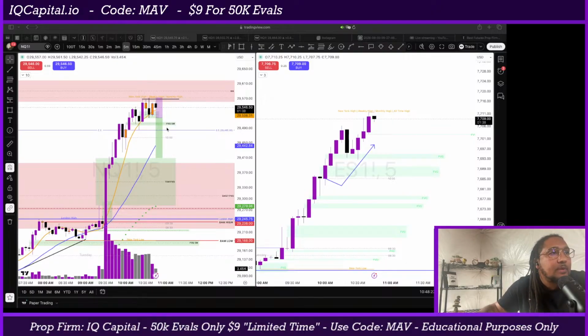So if we inverse below this 5 minute and stay below, and then below constant encroachment of this previous 4-hour wick, then that'd be good confirmation for lows, for shorts, lower prices.